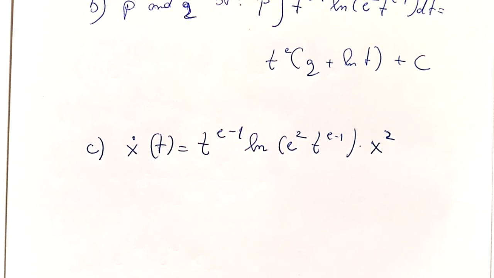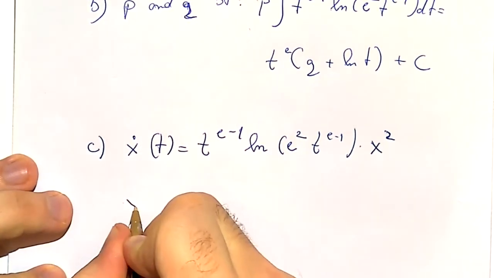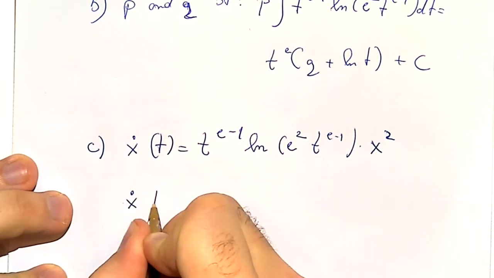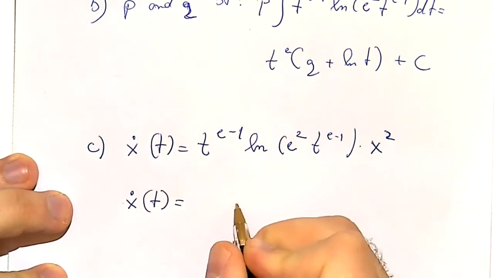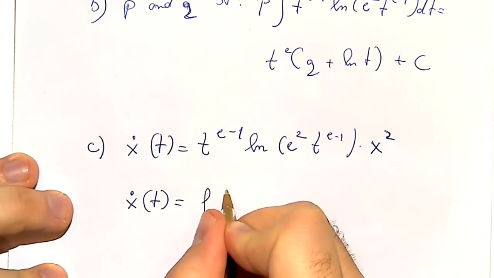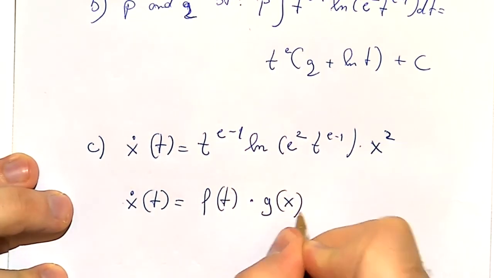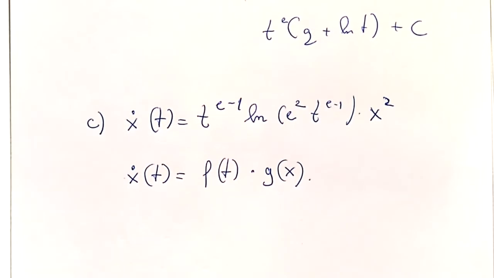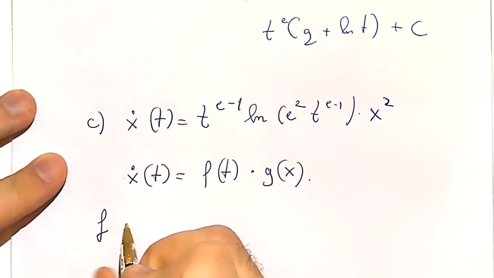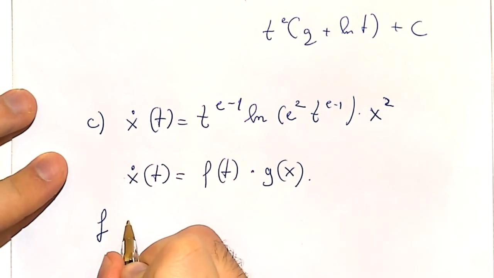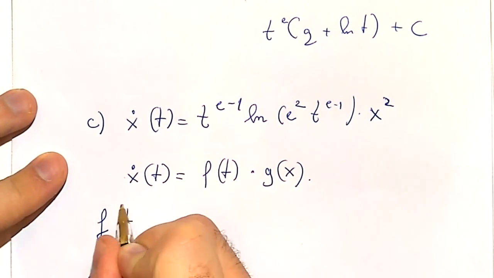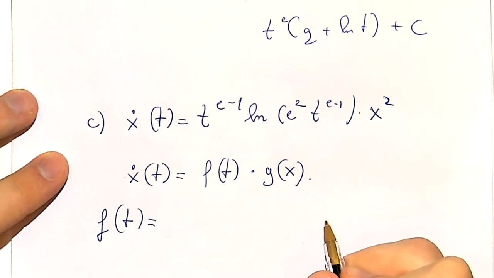What do I mean by this? Well, again, how I would solve it. x dot of t is equal to f of t multiplied by g of x. Okay, identify my stuff. So my f of t is equal to everything that has a t in it.